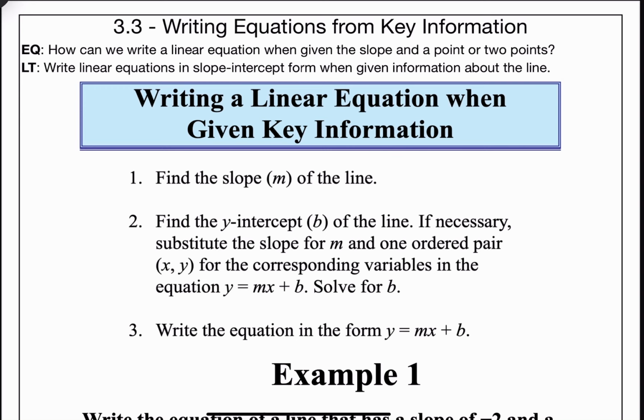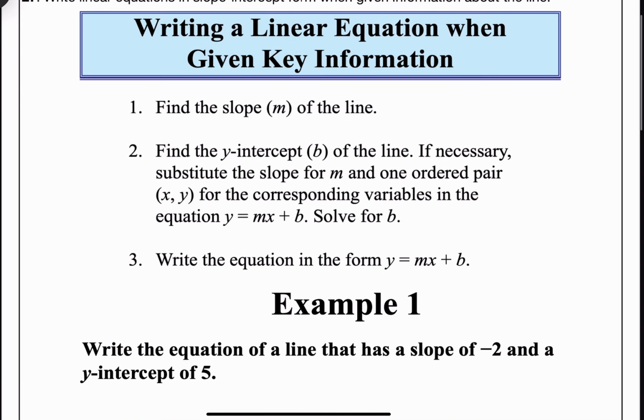So to do this, to write a linear equation when given key information, the first step is to find the slope of the line. That's always the first thing that we need. And then we're gonna find the y-intercept or the start value of the line.